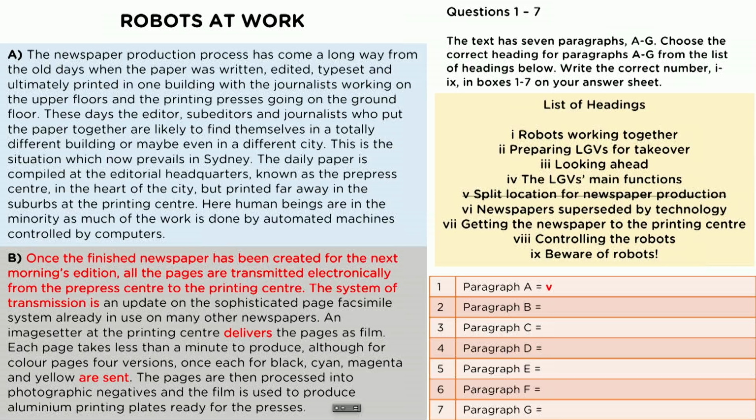Which one would you choose looking at those key words? Okay, I think it's probably 7. Getting the newspaper to the printing center. Delivery, send, transmit. You can see that this paragraph matches best with that heading there.